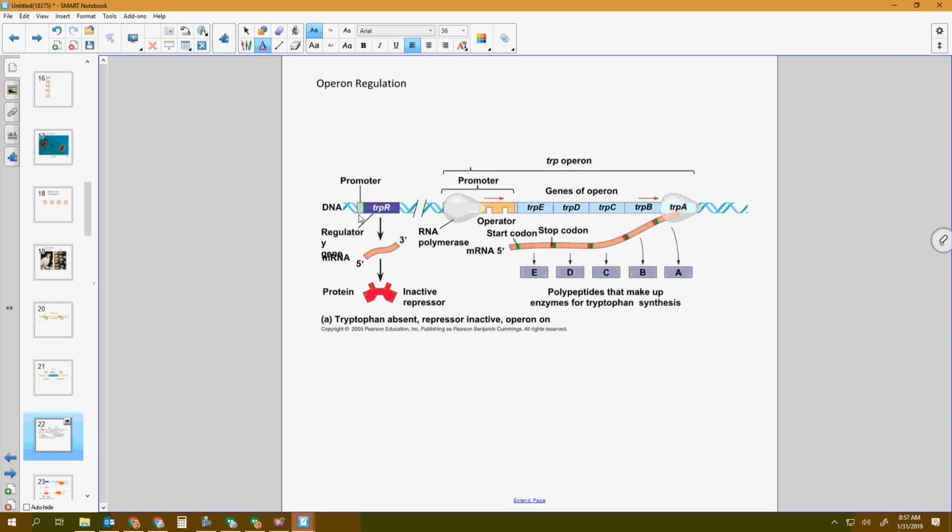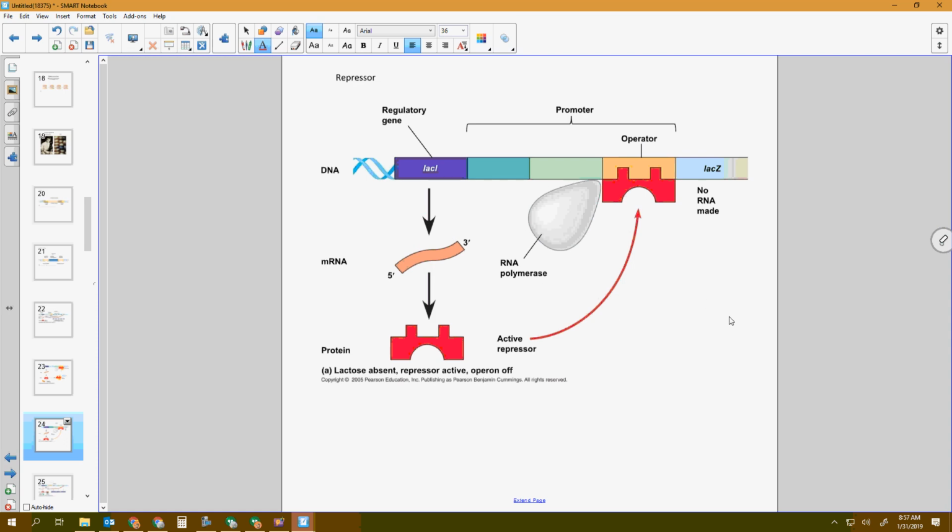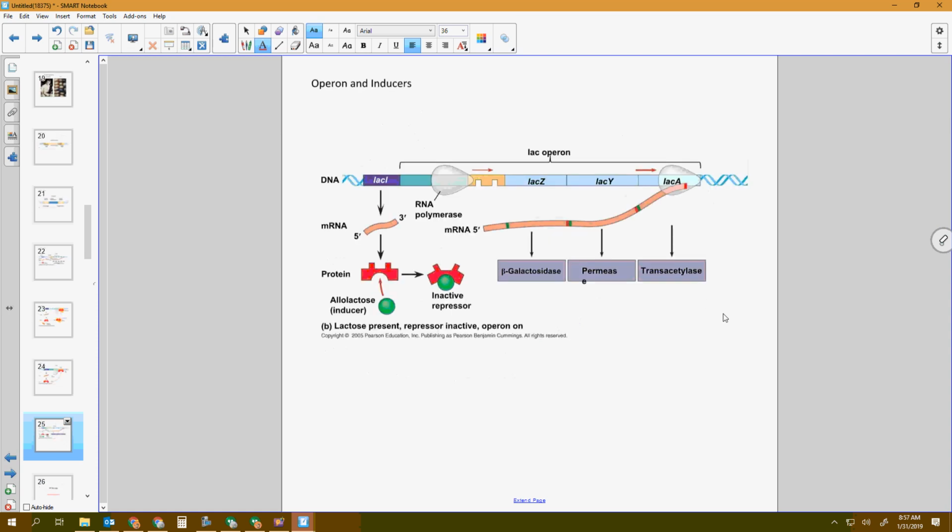The main portions of the operon that I want you to focus on, you see that in this one best. The repressor is this red protein, and the repressor does exactly what you think it does. It represses the transcription. That repressor will actually sit down on top of the promoter sequence and prevent the initiation complex from attaching to the promoter, thus preventing transcription.